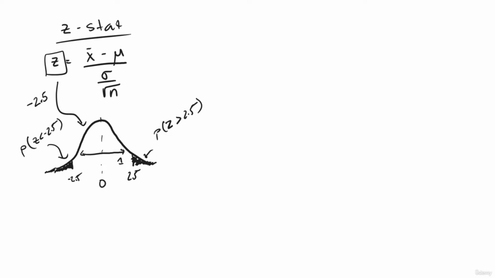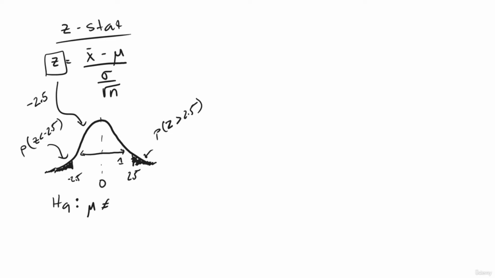Whether we want one or the other or both really depends on the alternative hypothesis. If our null hypothesis says that a mean is equal to some number, we could have our alternative hypothesis be that the true population mean is not equal to that number.